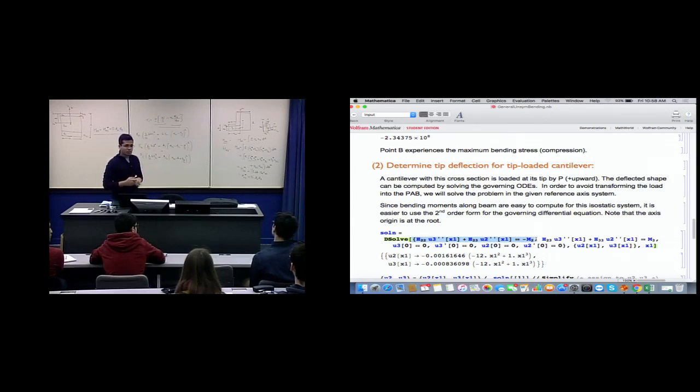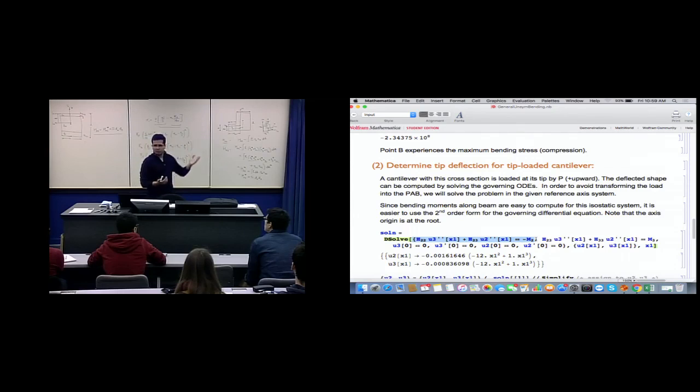But then if you want to represent your answer, you have to come back to the frame of reference which is given in the problem, right? You cannot just calculate everything in the principal axis of bending frame and leave it there, because then the engineer doesn't know what frame of reference you chose. He cannot visualize the frame of principal axis of bending. He can only see, okay, this is I1 and this is I2. So you have to rotate all the results back. And then you have standard boundary conditions and slope.